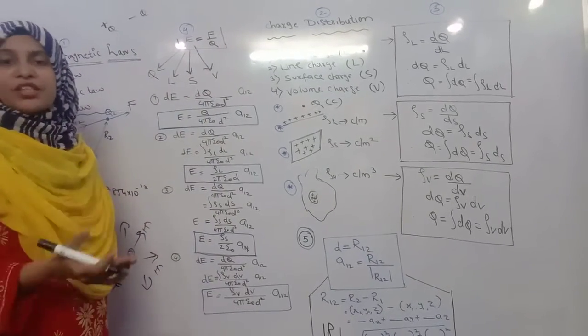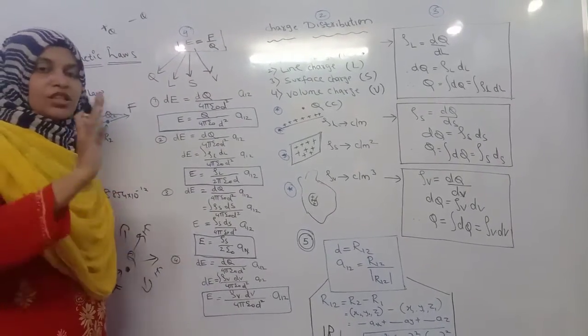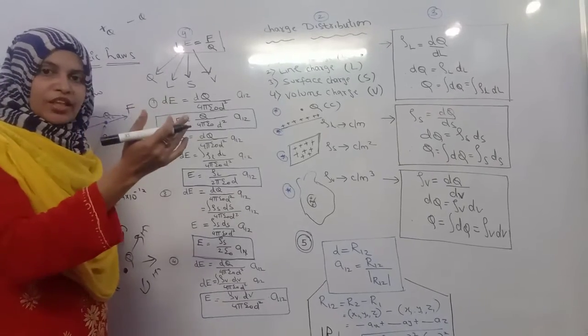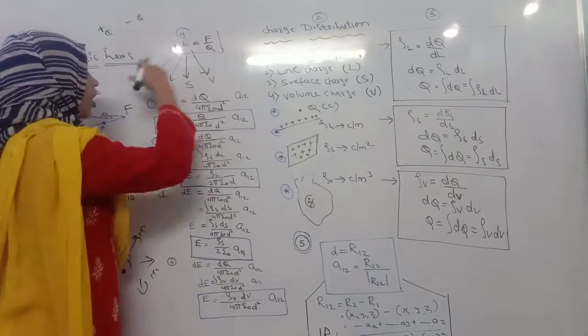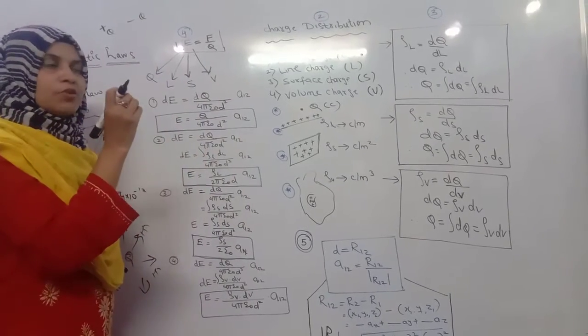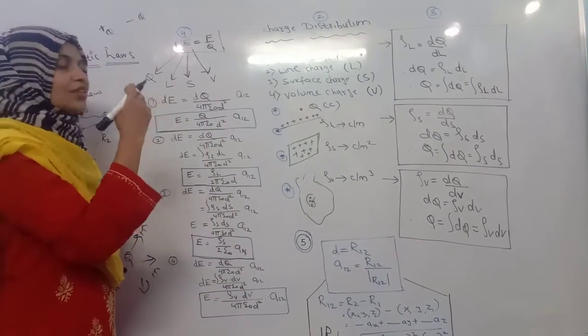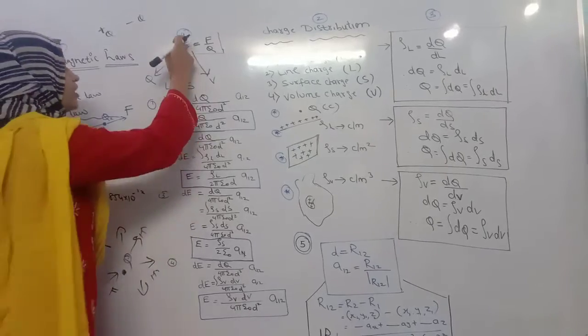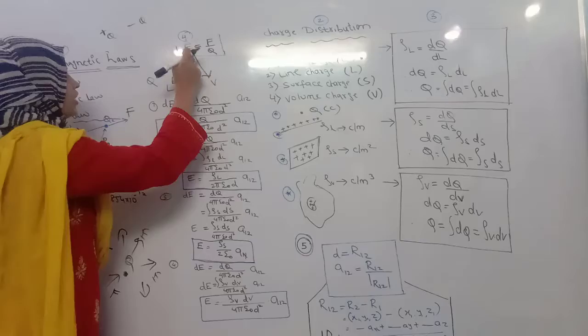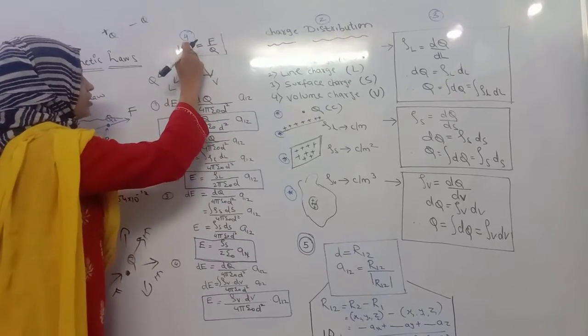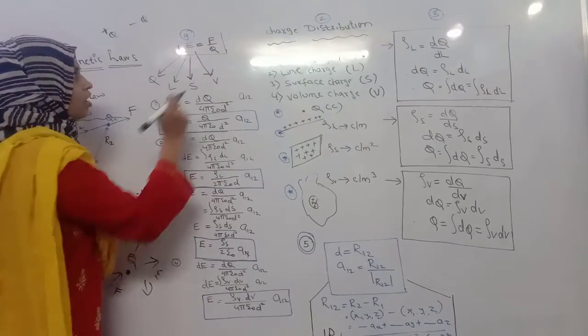Obviously, if the shape changes, the intensity will change, because the force will be exerted on the charge. The intensity will be different according to the spreading or distribution of charges. You may calculate the electric field intensity: E with Q, E with L, the line charge, E with the surface, E with the volume.